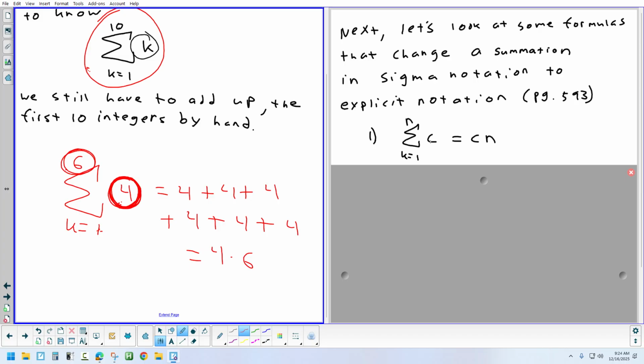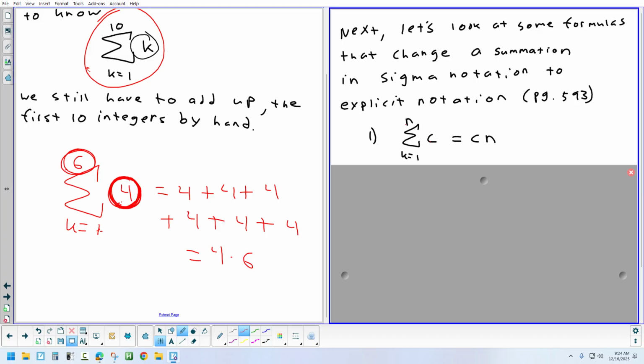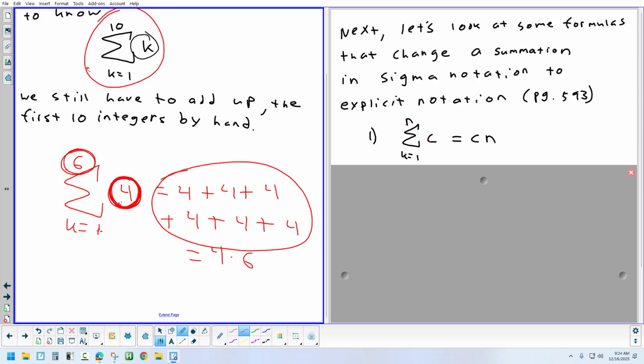So c times n, and that will be your answer. So that's a quick way, without having to write it out like this, of getting rid of the sigma when it's just a constant added up over and over.